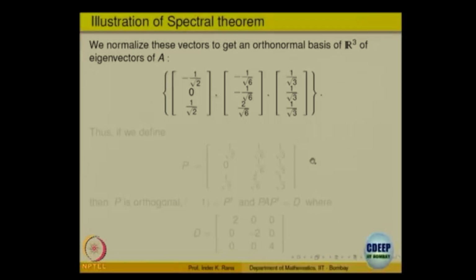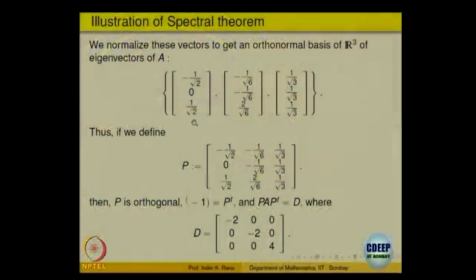So these are eigenvectors. What is the corresponding matrix that you will get? P, the matrix whose columns are going to be these vectors. First column is the first eigenvector, second column the second eigenvector, third the third eigenvector. The process is the same whether it is an ordinary diagonalizable matrix or a real symmetric one.